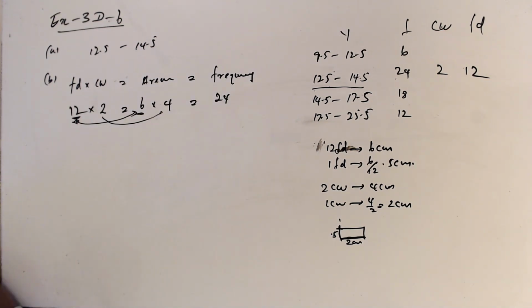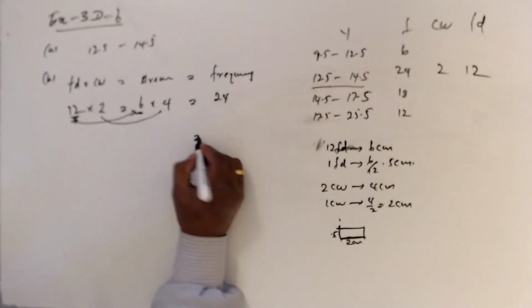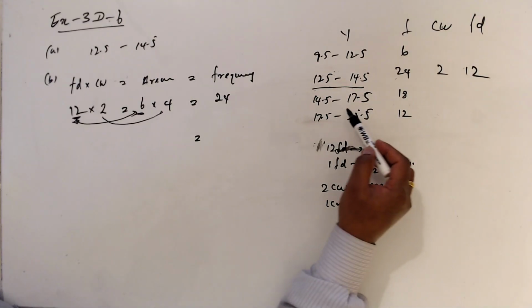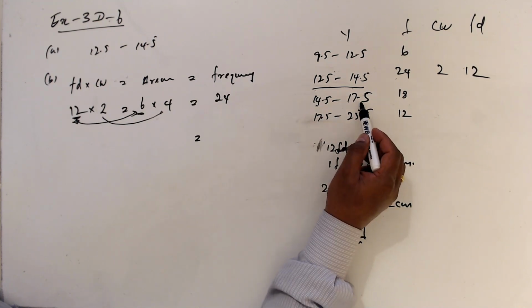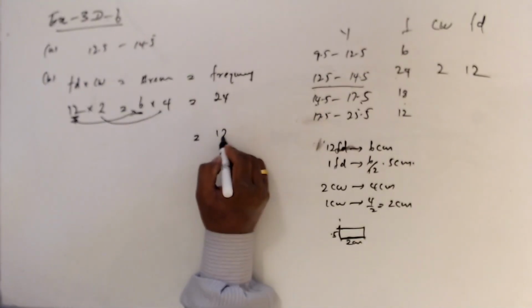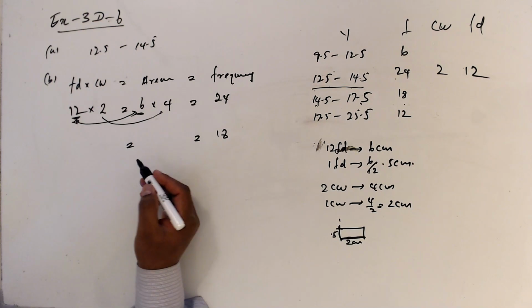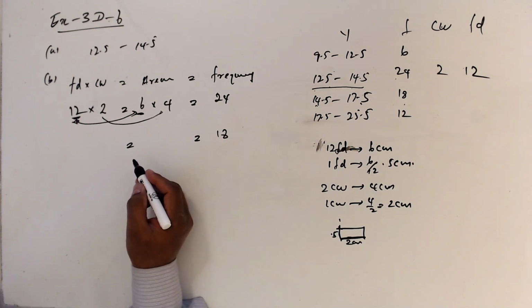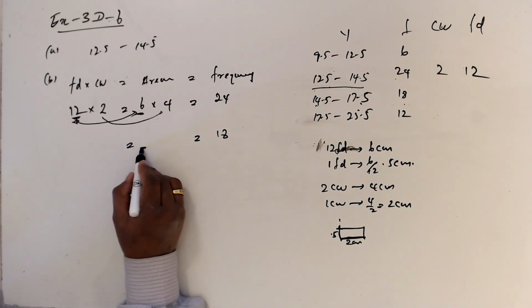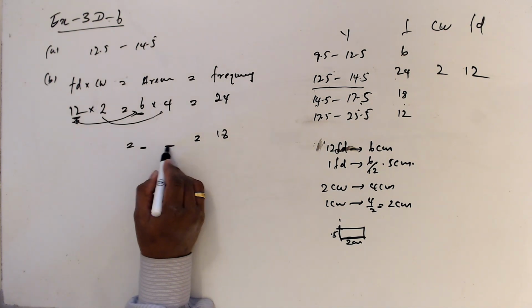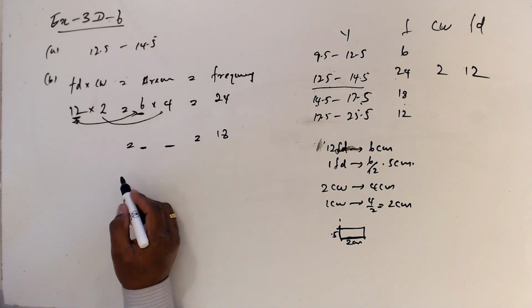Now the question is 15 to 17. So 15 to 17, what is the frequency? 14.5 to 17.5 frequency is 18, and we need to find those two. So what is the class width now?